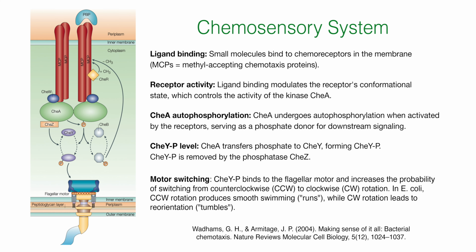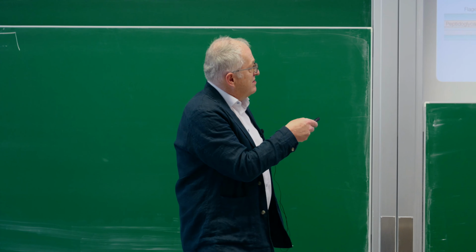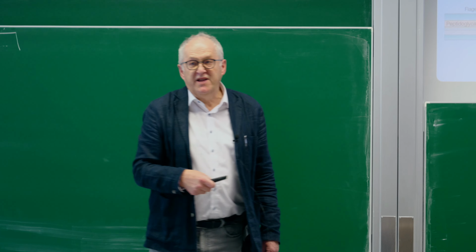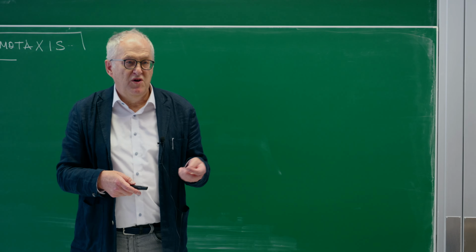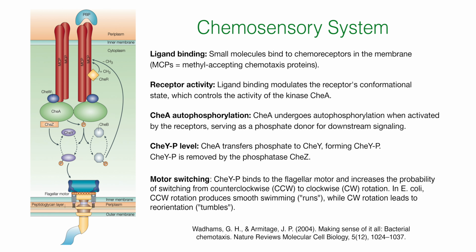And only in this active state, it will then activate the flagellar motor and switch it from clockwise to counterclockwise motion. So you have a sequence of sensing, activating, switching CheY into the active state, and then activating the motor protein.